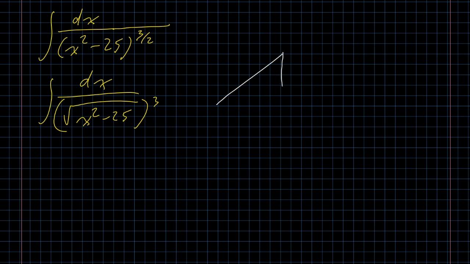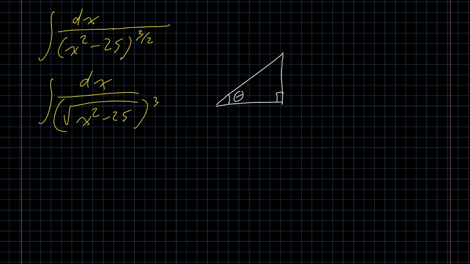When we're doing trig substitution, we are going to draw a right triangle. We've got x squared minus 25, variable minus constant. And the construction of variable minus constant was the one that we said shows up with secant.